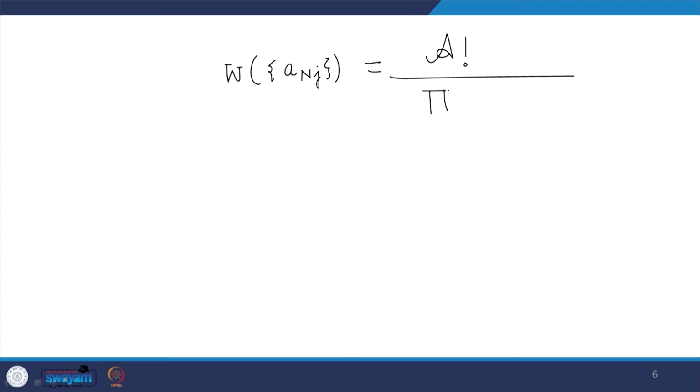Now for the canonical ensemble we did a product over a_j's, but since we are doing a grand canonical ensemble, we will do 2 sums here, 1 over j and 1 over N, that is a product over all these factorials, and I can also replace the numerator with the summation over j, summation over N, a_{N,j} factorial.